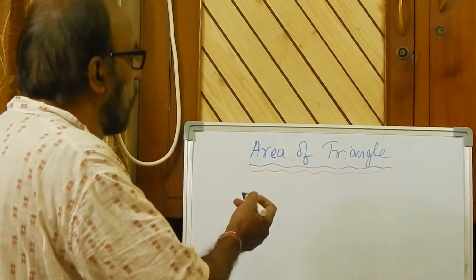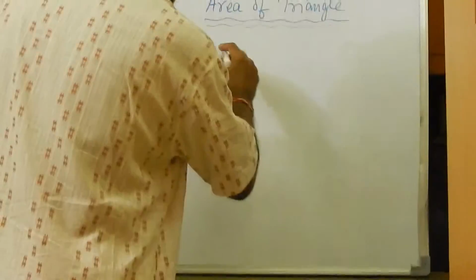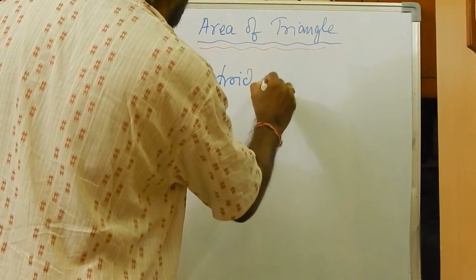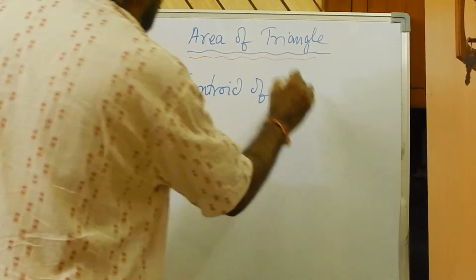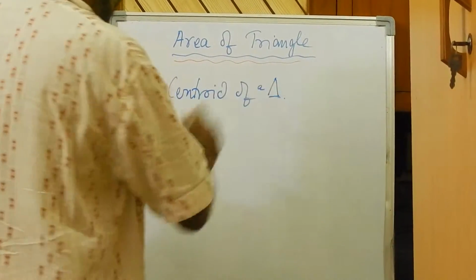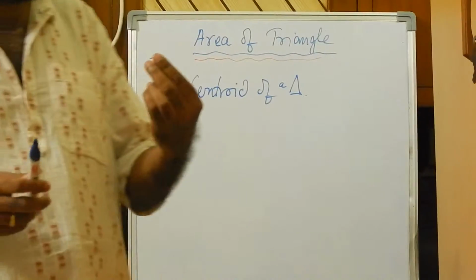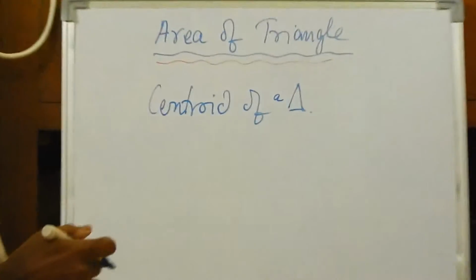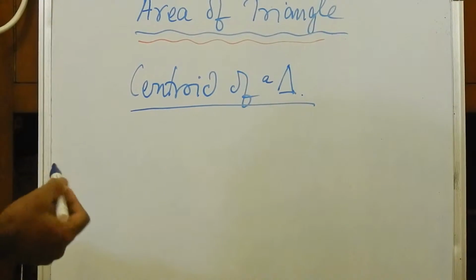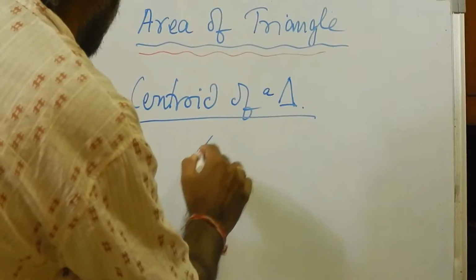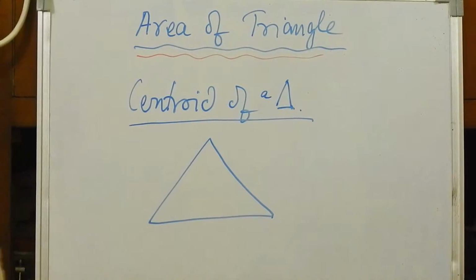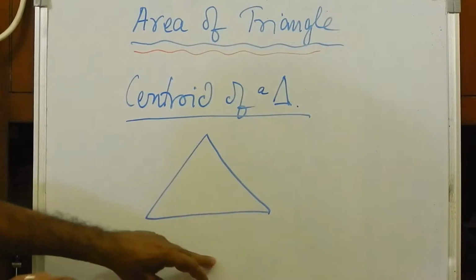So here, you know this centroid of a triangle. I think most of you have an idea about the centroid of a triangle, but still I am mentioning: what is the median of a triangle?